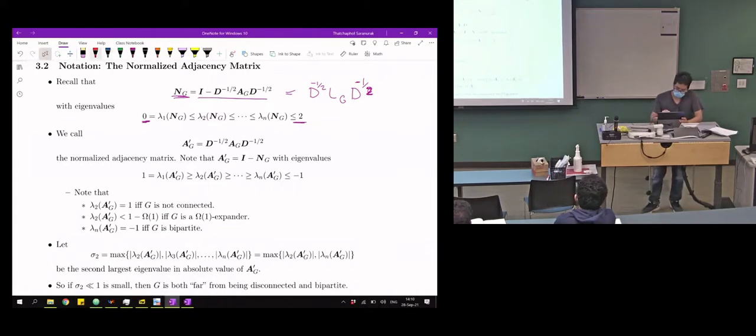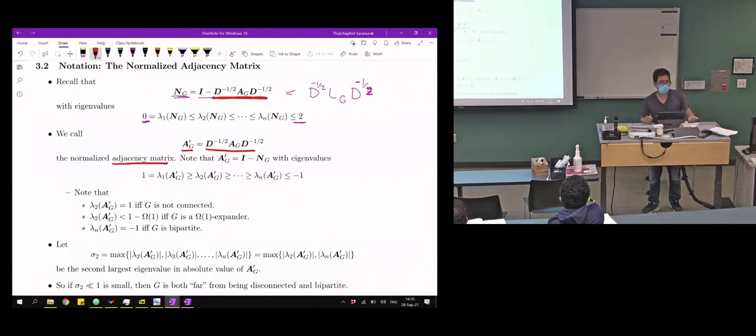Now I want to look at this term and call it the normalized adjacency matrix. A prime of G is just I minus N of G.